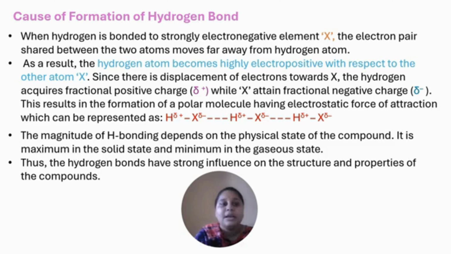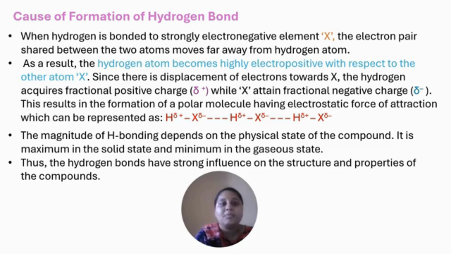As a result, the hydrogen atom becomes more electropositive with respect to the other electronegative atom. So there is a displacement of electrons towards the electronegative atom or the halogen. The hydrogen acquires a positive charge, whereas the halogen acquires a fractional negative charge.